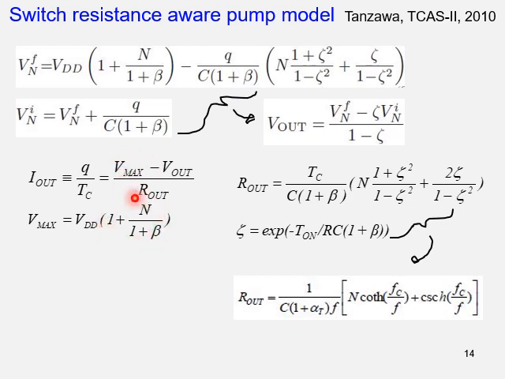Vmax is the same as before. So let's look at the output resistance as a function of f. Note that this first term is based on the intermediate stages, and the second term is based on the initial and last stages.